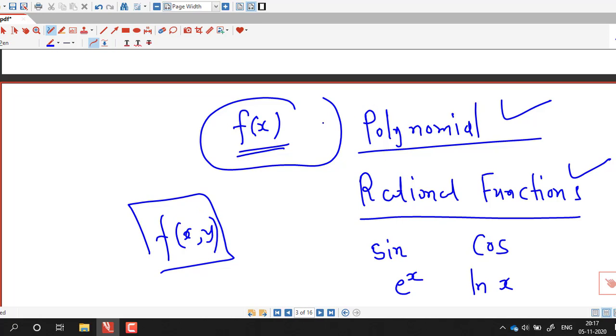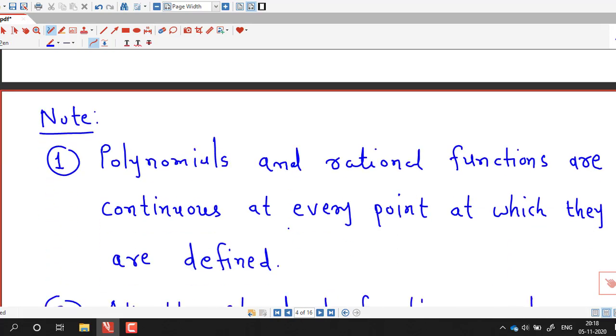So any polynomial in two variables is always continuous. Similarly, rational function in two variables is continuous at every point at which that function is defined. So we should remember these standard functions are also continuous if we extend them to functions of two variables.